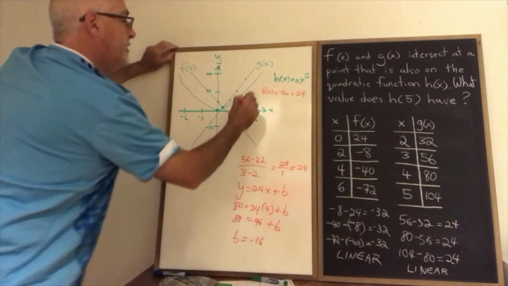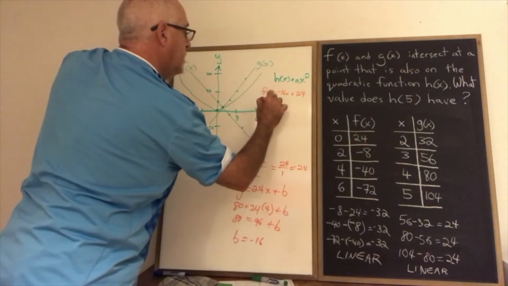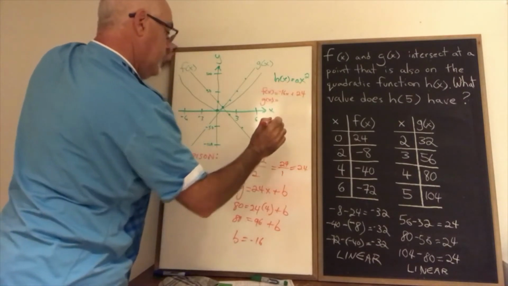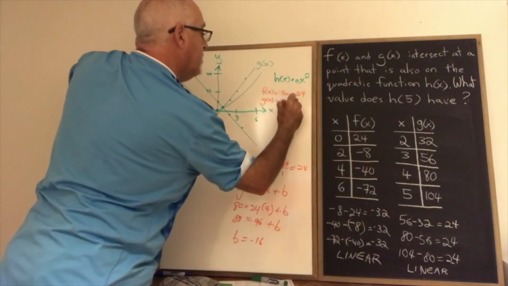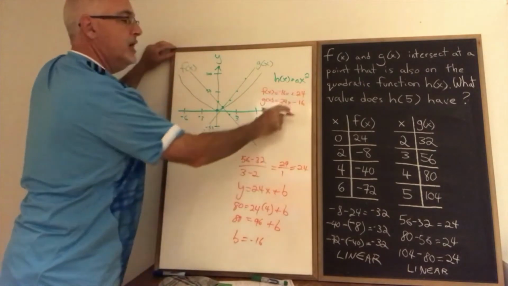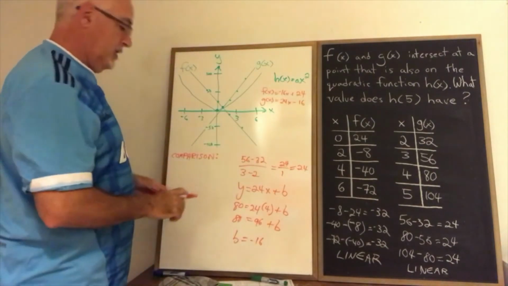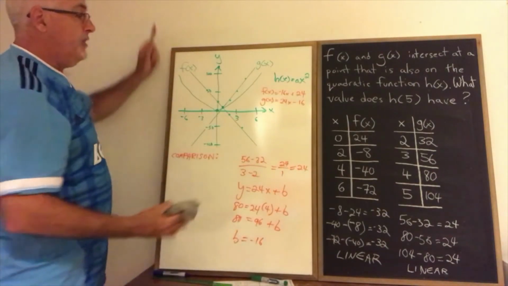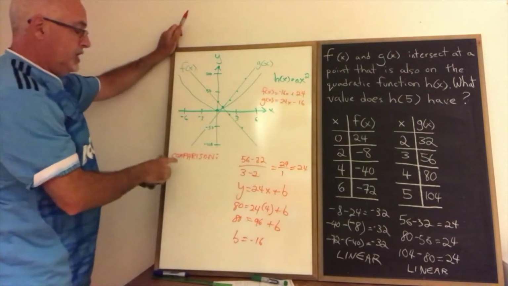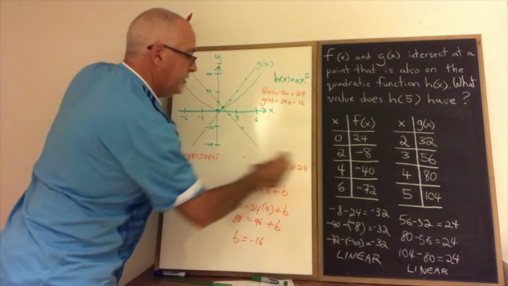My equation for g of x equals 24x minus 16. Interesting, the 16s and 24s are being used here, but that doesn't matter. What matters is I have equations that I can now use in my comparison.